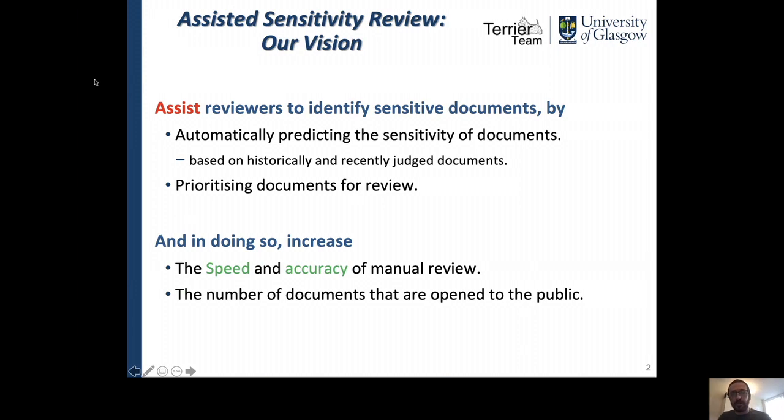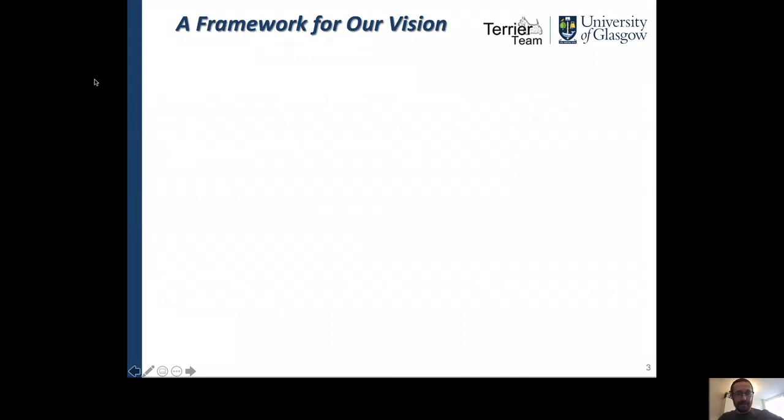There's been a lot of talk so far about augmenting intelligence and providing useful information to reviewers, and that really is our objective and goal. We want to increase the speed and accuracy of manual review. So we're not taking the human out of the loop. The human is very firmly in the loop, and in fact nowadays I would say it's the computer that's in the loop, and it's still a human process. Okay, so that's our aim.